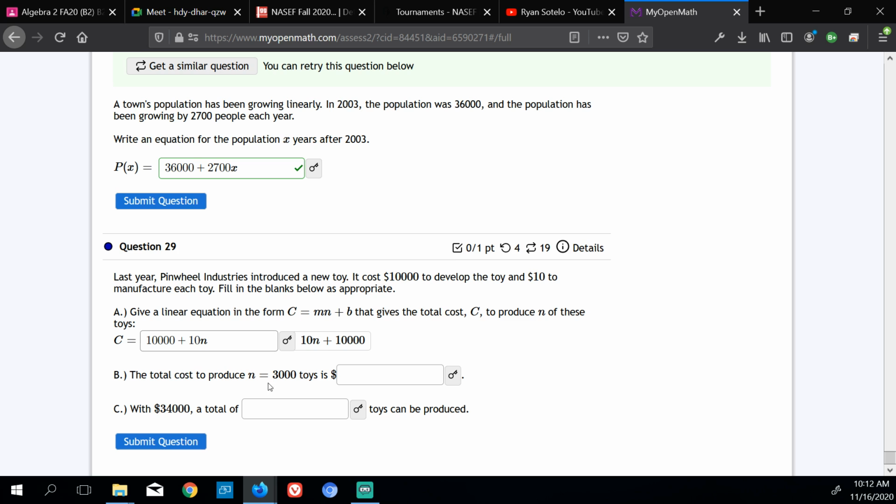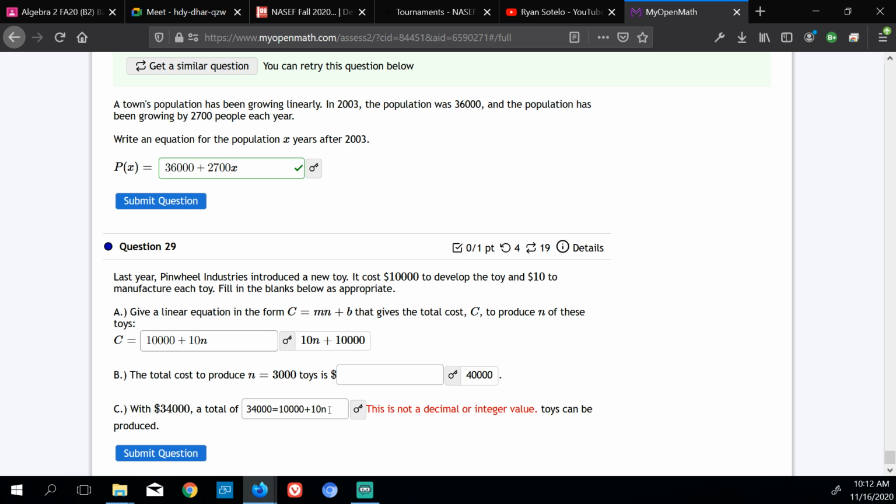And then when n is 3,000, I would just plug that in. So 3,000 times 10 makes 30,000. Plus that should make 40,000. And then with 34,000, how many could I make? For that one, I would set that equal to the 10,000 plus 10n.